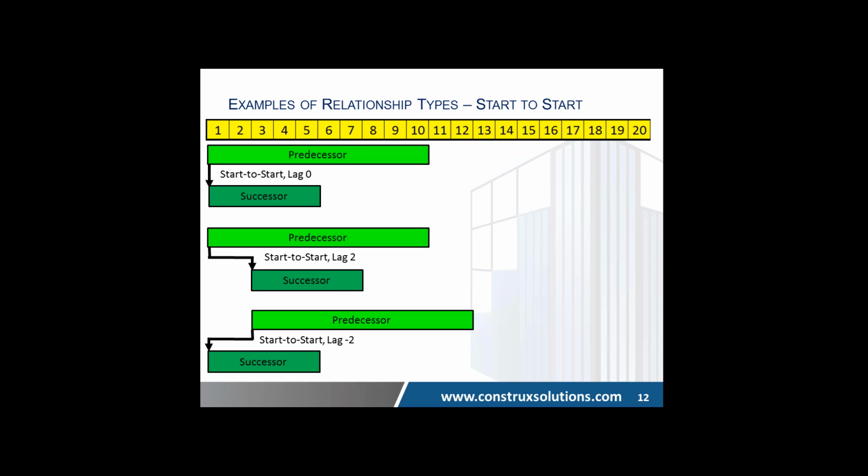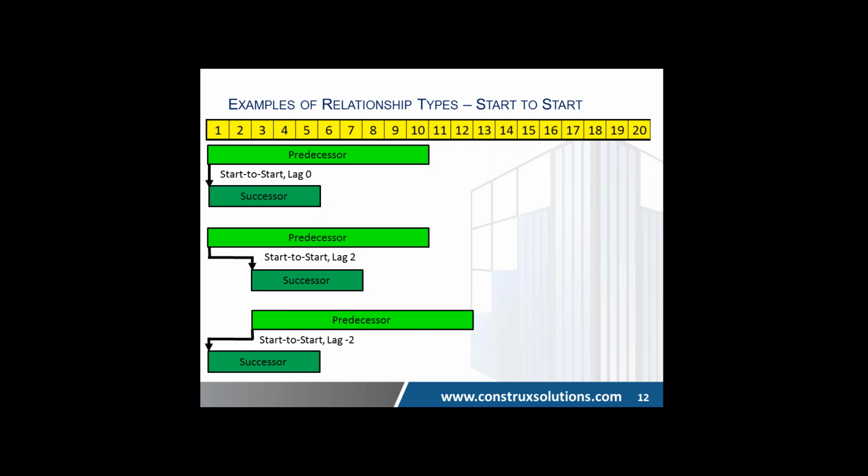And that's right here. Start to start. We have a start to start lag of 0. That means I can start my successor the day that I start my predecessor. Pretty straightforward. Start to start lag 2 is basically what we just talked about: if I want to start my painting 2 days after I start putting in my drywall, or if I want to start installing electrical 2 days after I start putting in plumbing or HVAC, this little bit of a lag is just releasing the crews ahead and hoping that things will follow suit and be as efficient as possible.